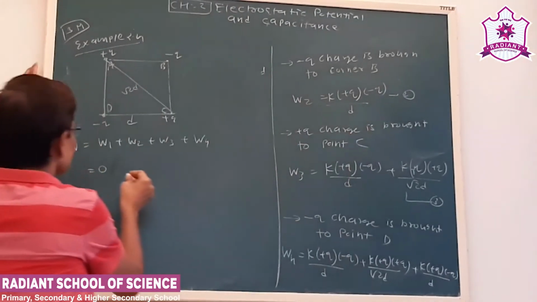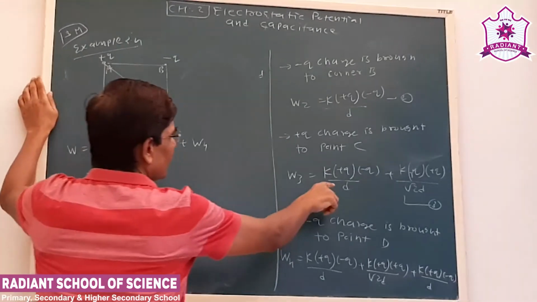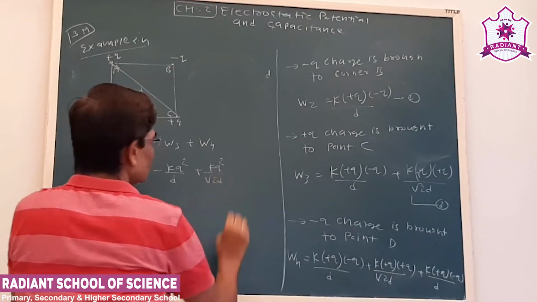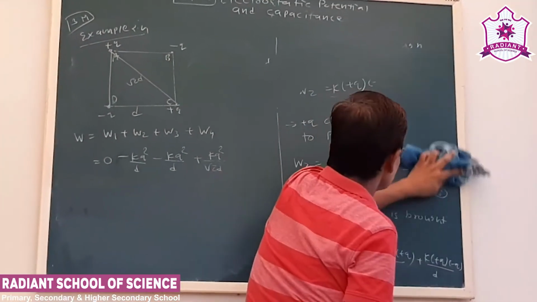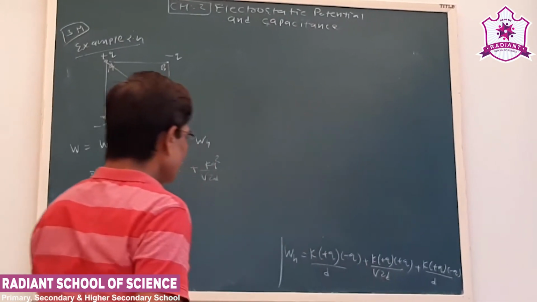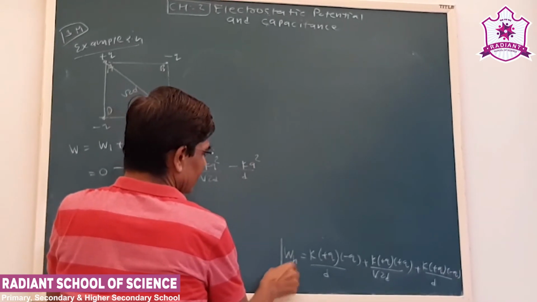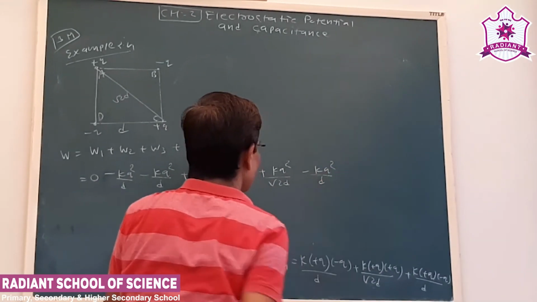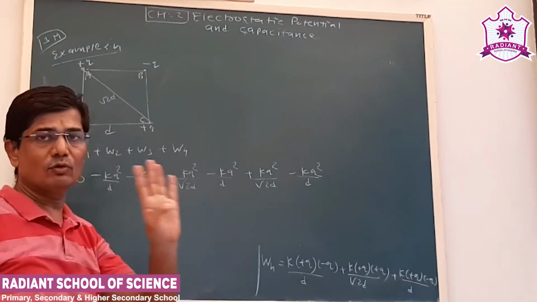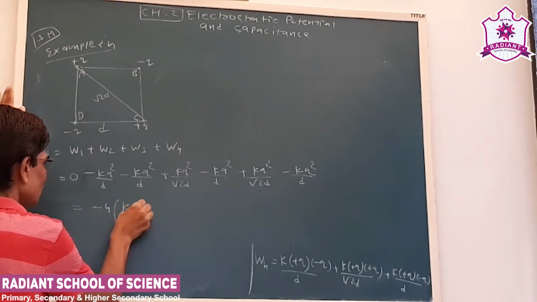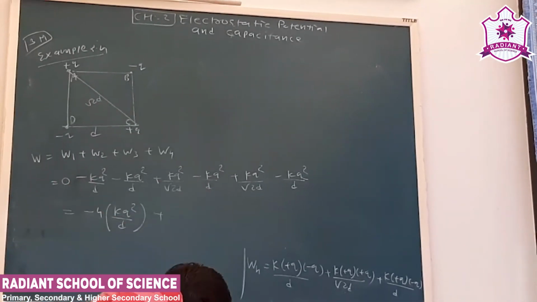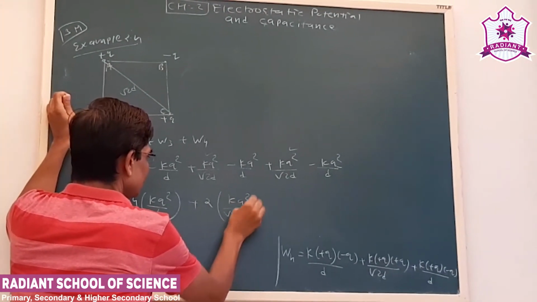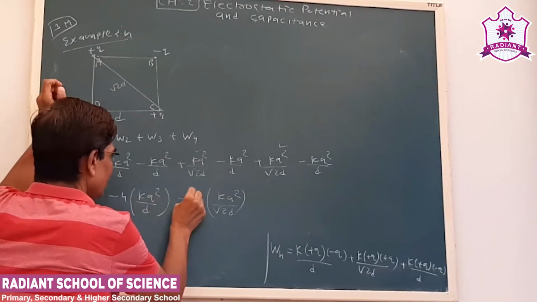Now this is minus KQ square upon D, this is also minus KQ square upon D, plus KQ square upon root 2 D. Now if I add these, the term minus KQ square upon D appears 4 times, so it will be minus 4 KQ square upon D, plus the term KQ square upon root 2 D appears twice, so 2 times KQ square upon root 2 D. If I simplify, 2 over root 2 gives root 2.